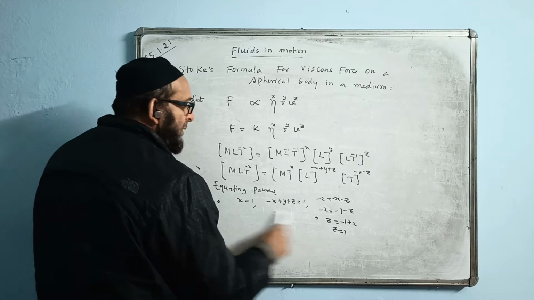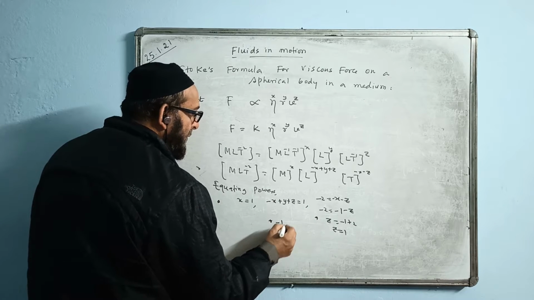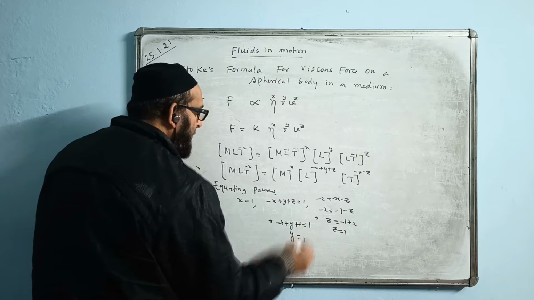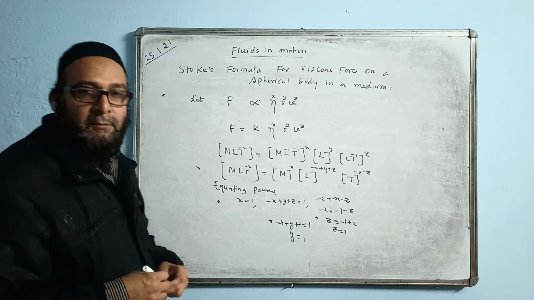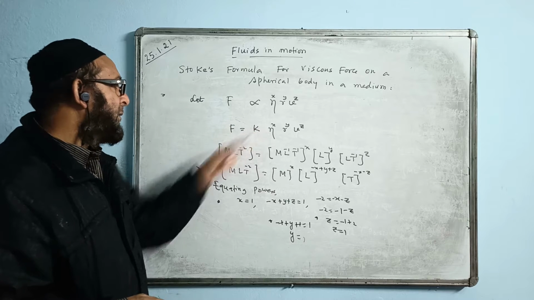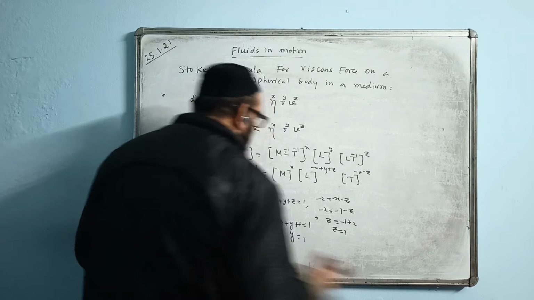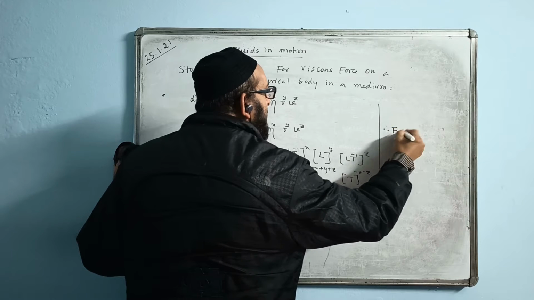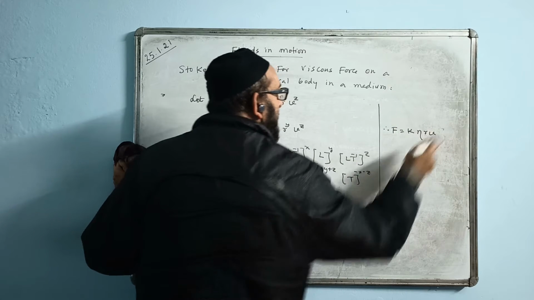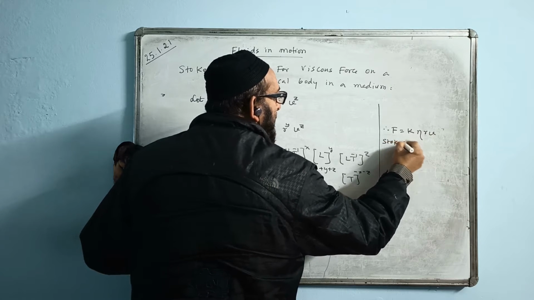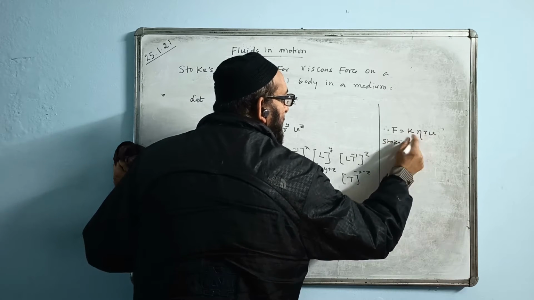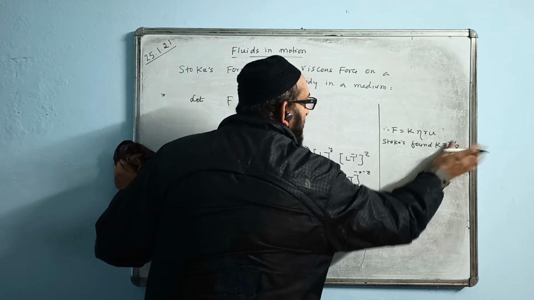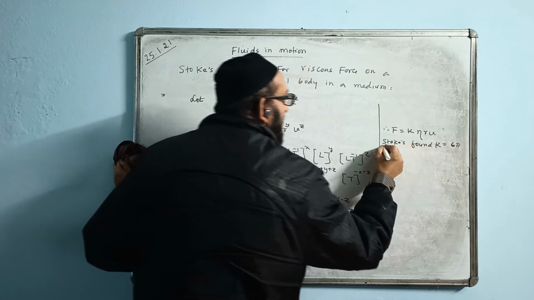Now we have x and z both known. Putting them in minus x plus y plus z equal to 1, with x equal to 1 and z equal to 1, these cancel and y also comes out to be 1. So x, y, z all three have the value 1. Putting it back, F is equal to k eta r v, each to the power 1. By experiment, Stokes found the value of k equal to 6 pi.